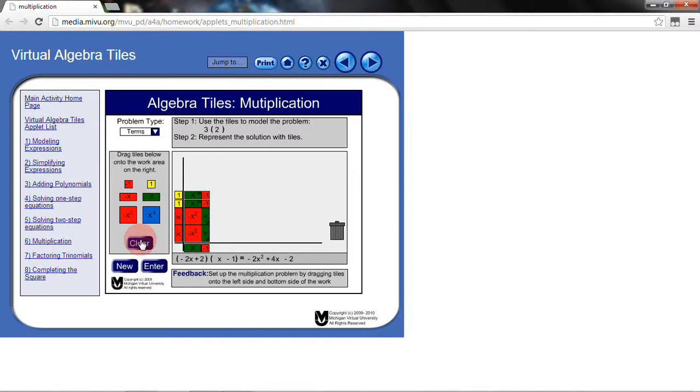So let's do another one. So let's do 3x minus 2 by negative x plus 4. And here's our problem here. It's set up by our two factors. So let's do negative x multiplied by x, negative x squared.